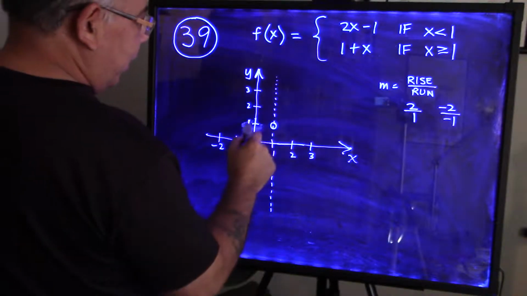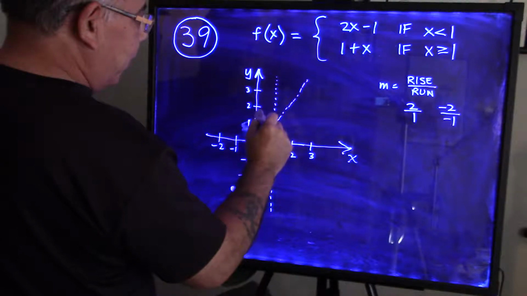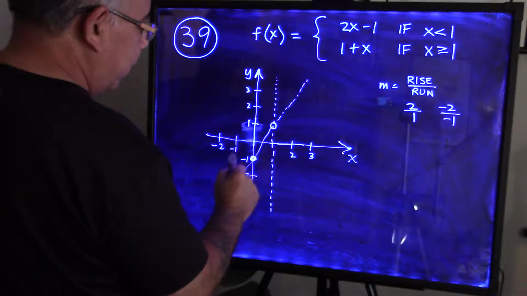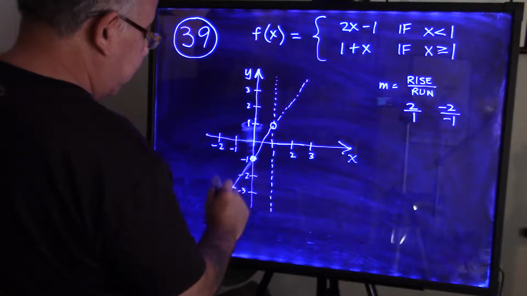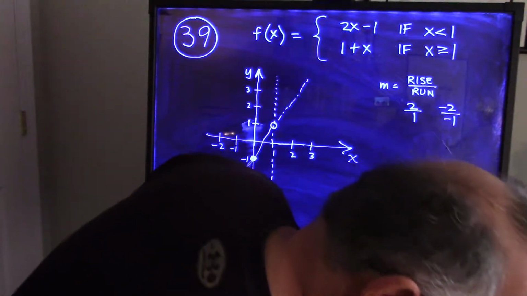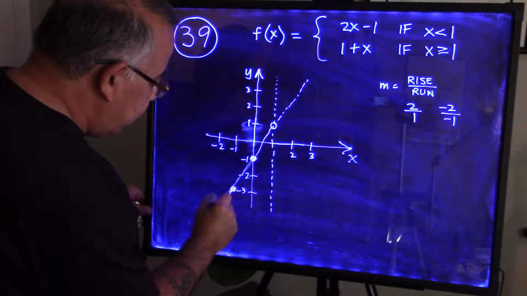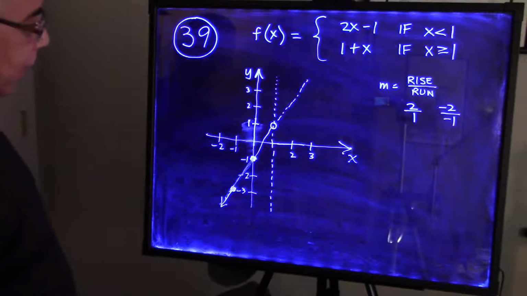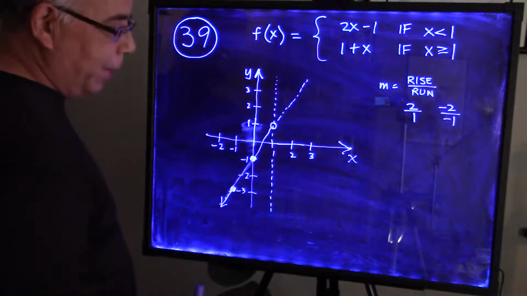So if you extend the line all the way, you would draw it like this on your paper. Like that. And then you would erase this part right here.